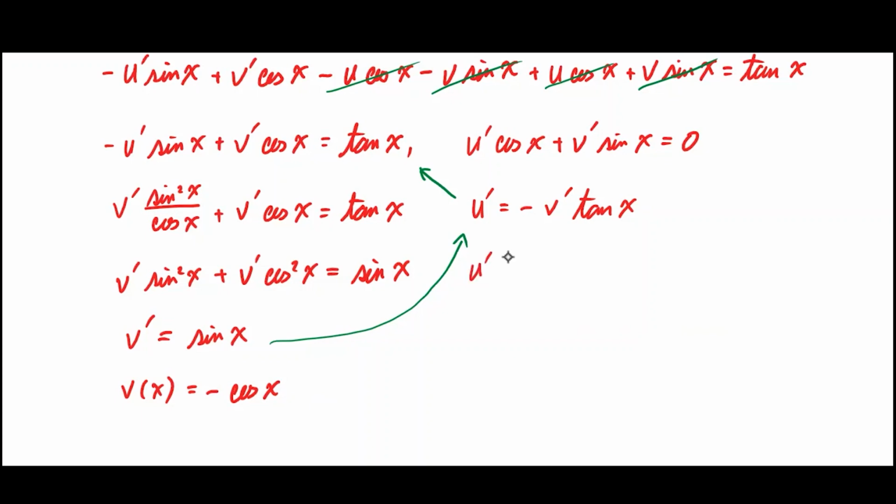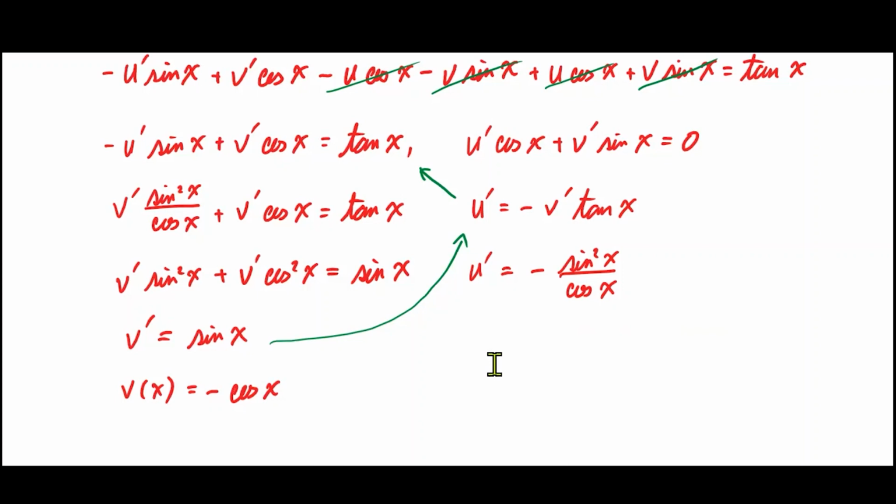So u prime here becomes negative v prime. I already have v prime. I already know what v prime is. Negative sine of x here, okay? So do you see that this is a sine squared of x over cosine of x then? Say yes.